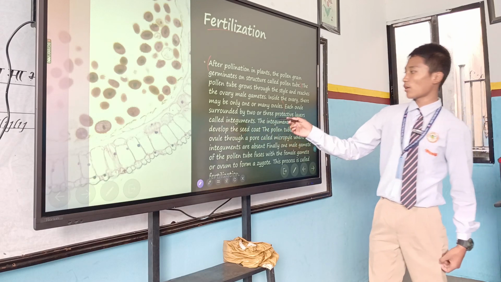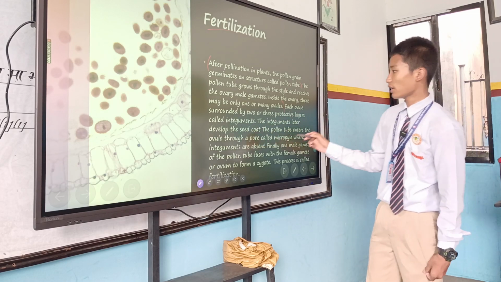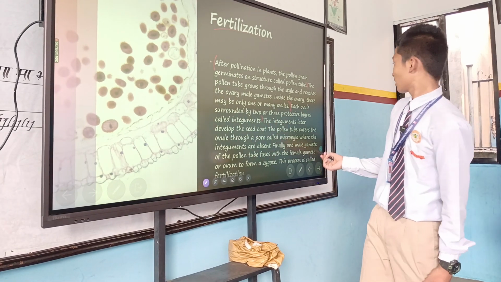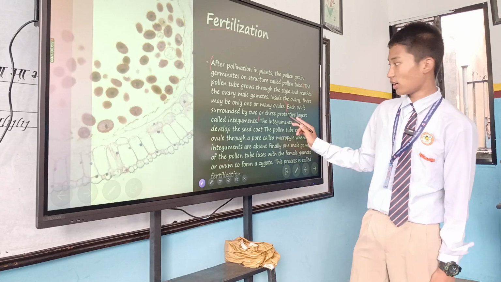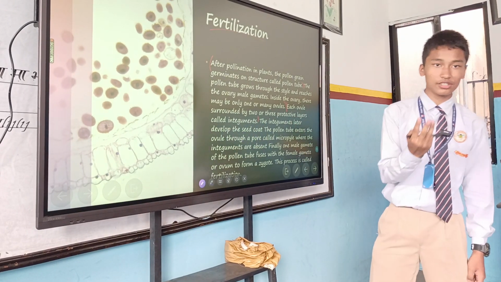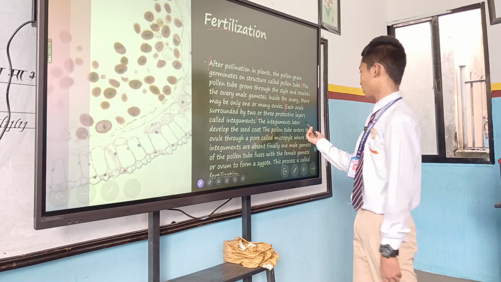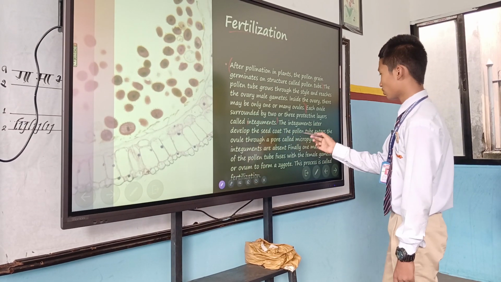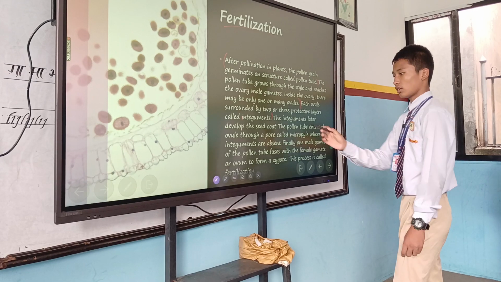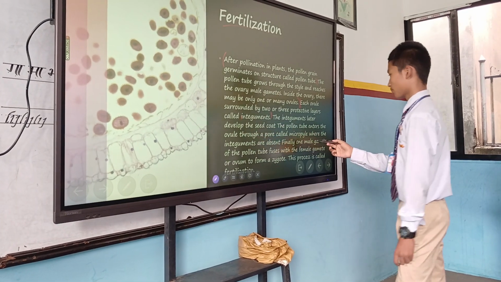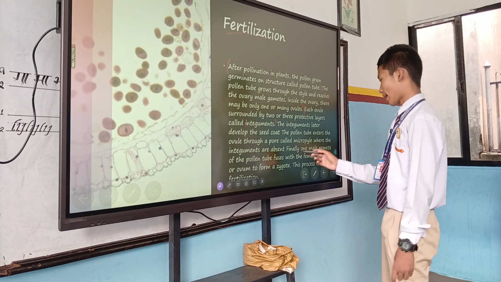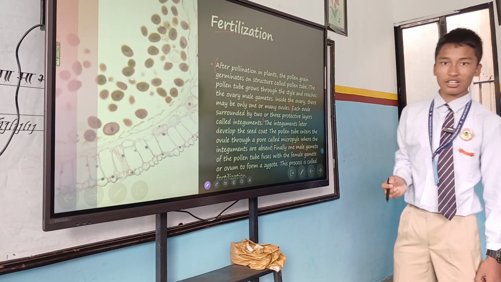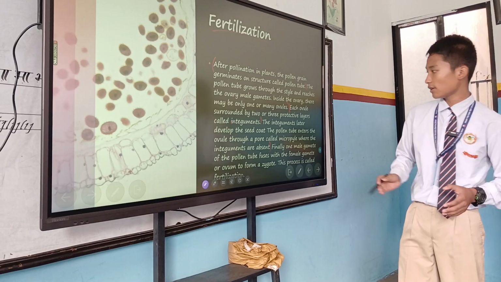Each ovule is surrounded by two or three protective layers called integuments. The integuments later develop into the seed coat, the coating of the seed.